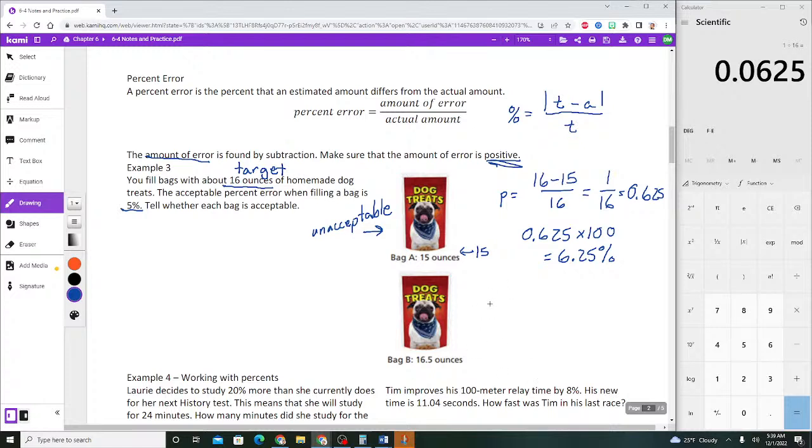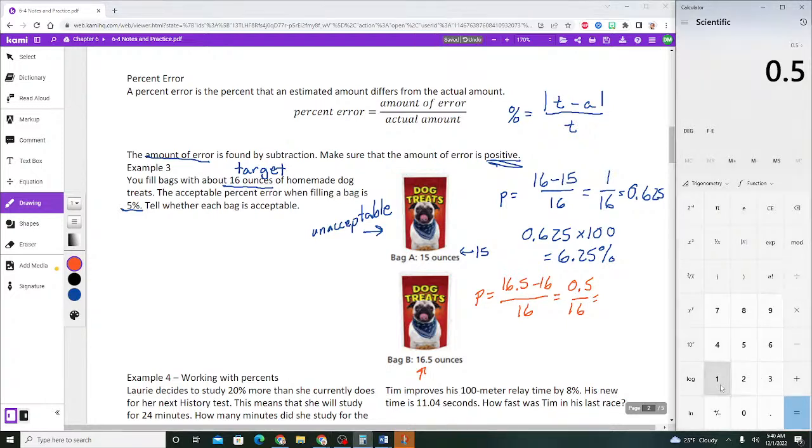Let's look at the other one. The other one we have as 16.5 for the actual. So we have to put the 16.5 first, because that way we get a positive numerator. 16.5 minus 16 gives us 0.5. 0.5 divided by 16 is 0.03125.